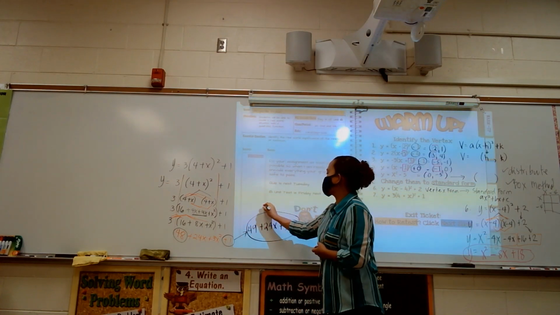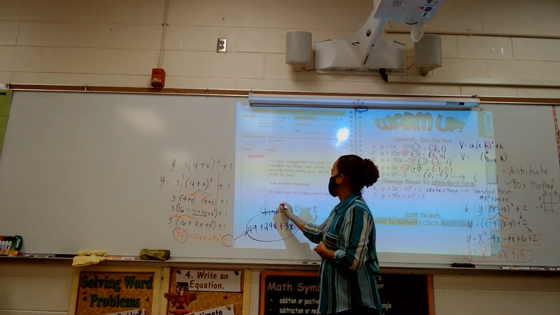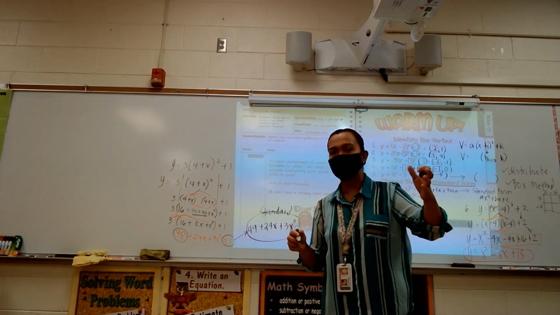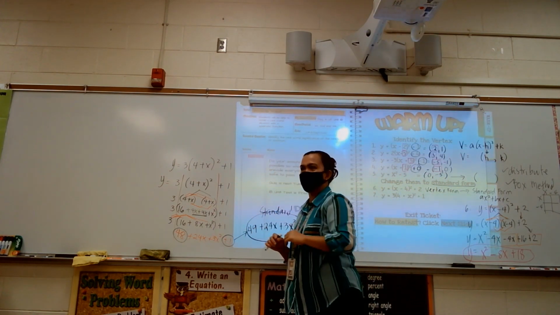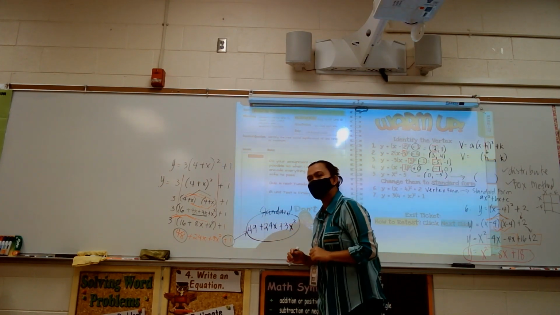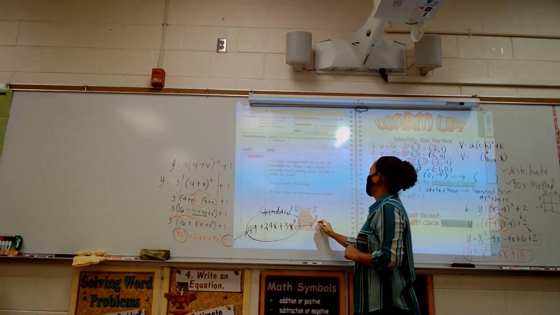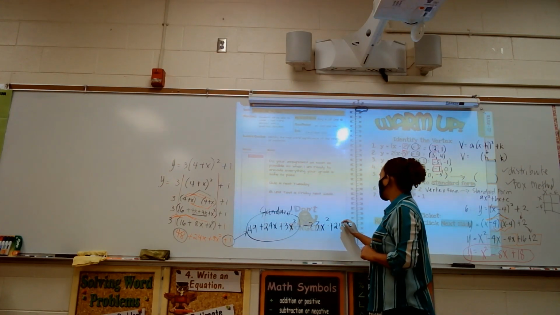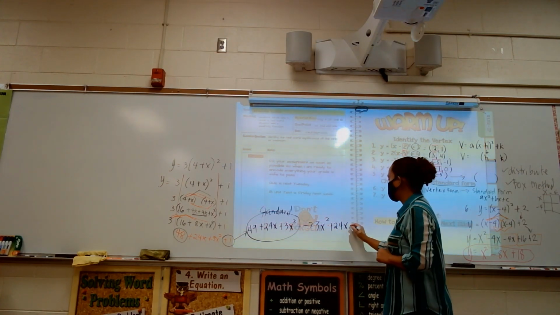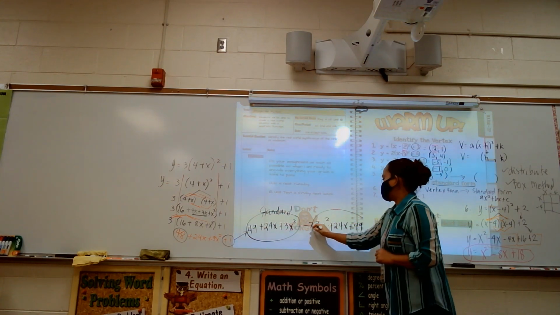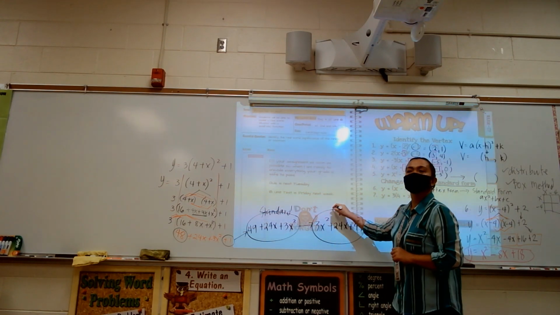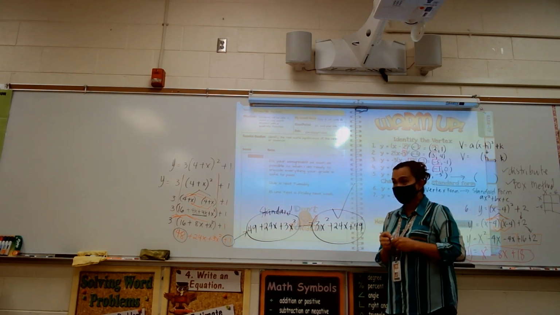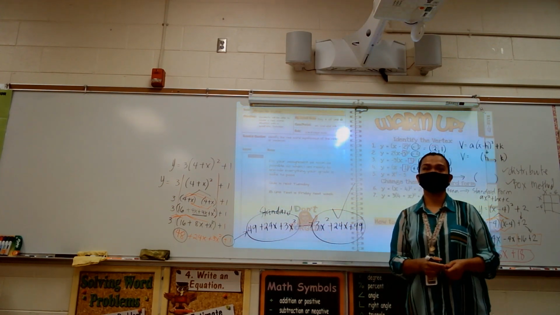Now, is this in standard form? Technically, not yet, but we can arrange them in order. So which one comes first? 3x squared followed by 24x followed by 49. Now, is this in standard form? Alright? That's it. We're just changing it.